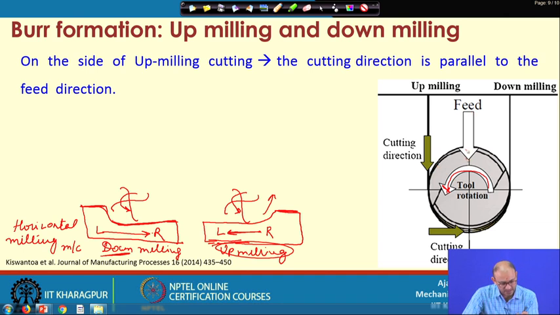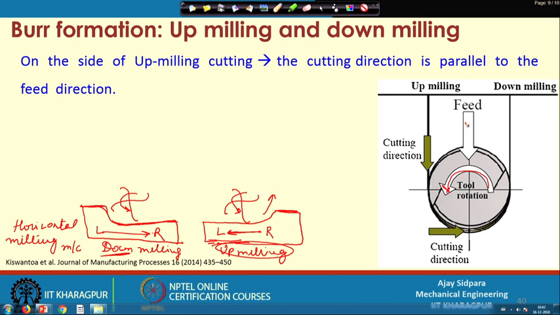Right now it is showing that the tool is given feed, but in machining operations mostly the tool is stationary in the xy plane, and your workpiece is actually moving in this direction. This particular diagram that we are showing here is of a vertical milling machine.